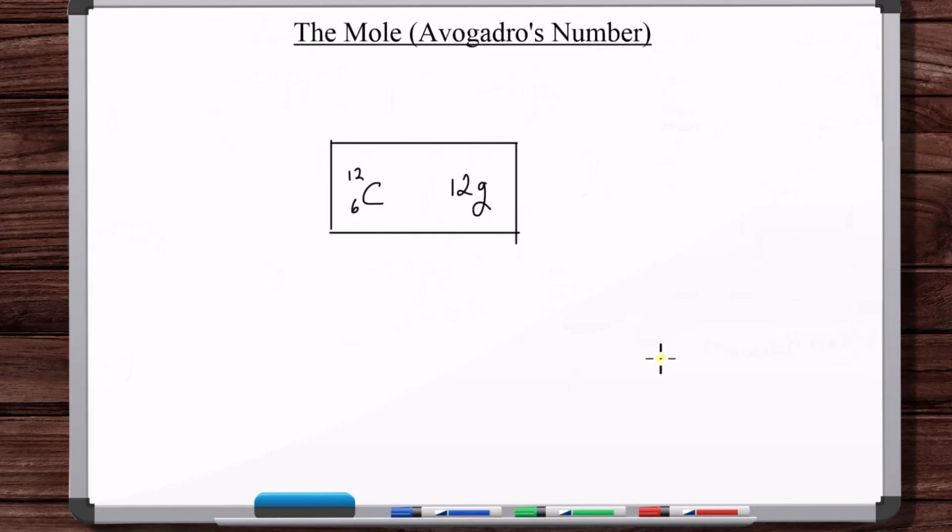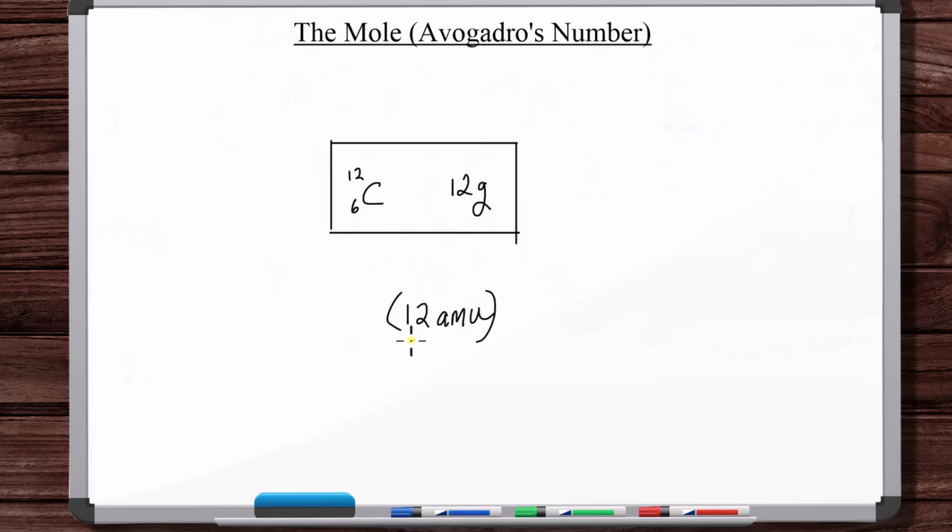Okay, but we can see more directly where this comes from, why the mass of anything in AMU is going to be equal to the molar mass in grams per mole of that something. So, if we think about the definition of the mole, a carbon-12 atom has a mass of 12 AMU by definition, okay?